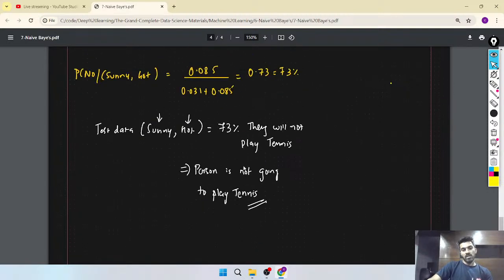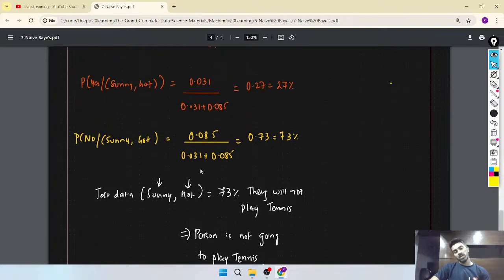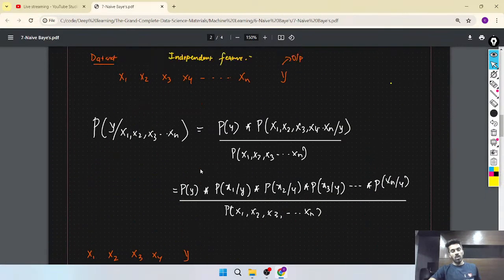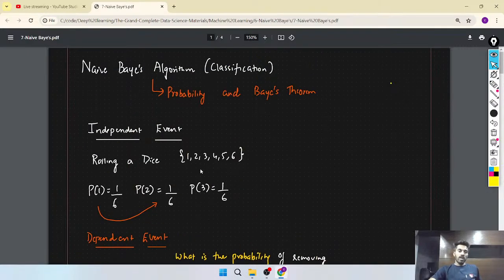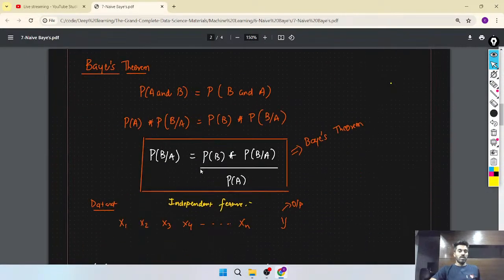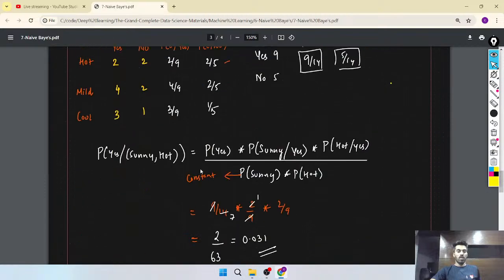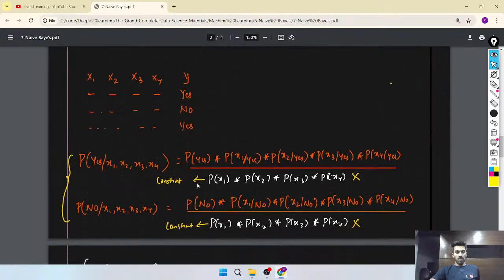That is the easy calculation, we can say. Naive Bayes is very easy. You only have to remember this formula: the denominator is a constant term, so you can neglect it.